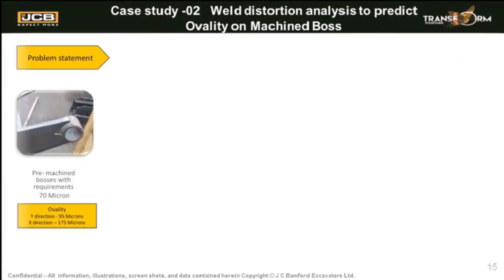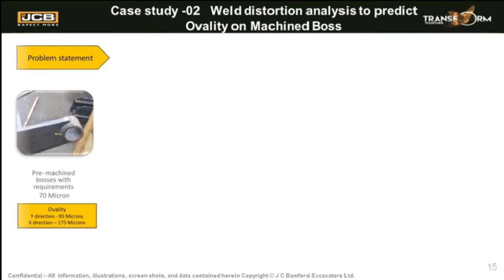Case study 2 is a classic for us, really. Most of our components are connected via pin joints with a pin and a bush going into a pre-machined boss. To allow the bush to fit properly into the boss, and to ensure even wear of the boss and the pin in service, we do maintain tight micron level tolerances on ovality. Pre-machining that boss also allows us to reduce production costs by eliminating any post-machining.